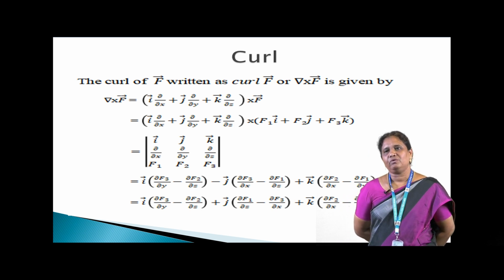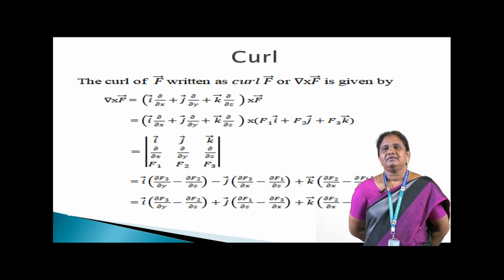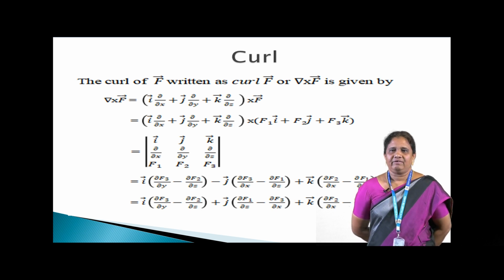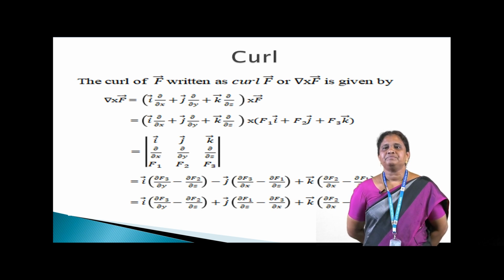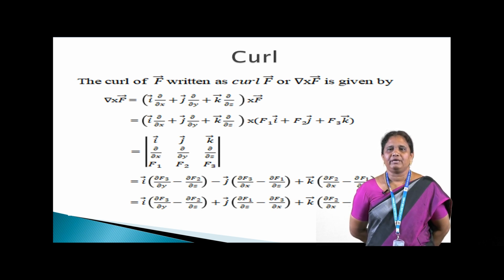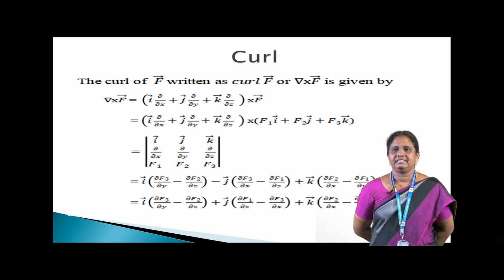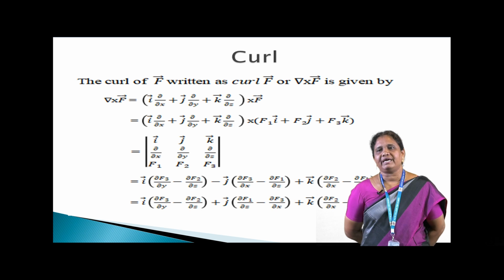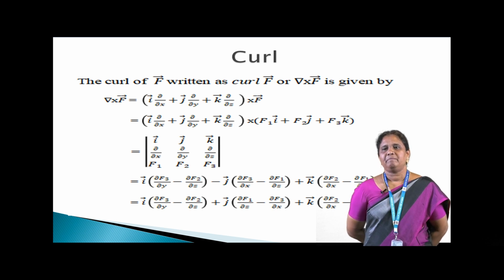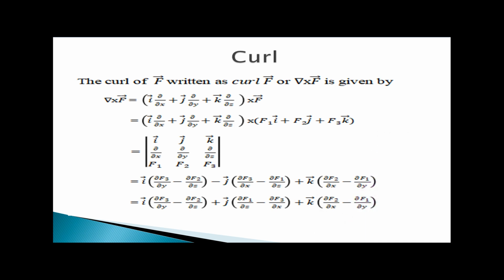And as usual, we know the expansion of a determinant. So, keeping i vector first and expanding along the first row, we get i vector into dou f3 by dou y minus dou f2 by dou z, minus j vector into dou f3 by dou x minus dou f1 by dou z, plus k vector into dou f2 by dou x minus dou f1 by dou y.